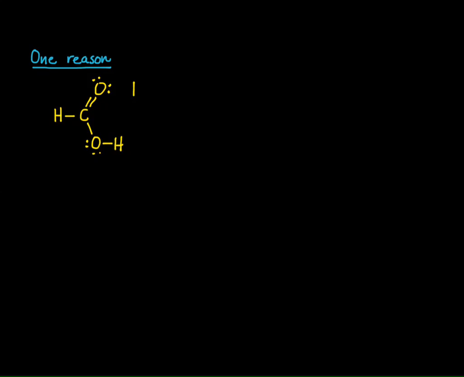And if I draw another formic acid molecule, but I simply flip it around and orient the OH next to the carbonyl, and then of course the carbonyl on the structure on the right next to the OH on the structure on the left, you can visualize that I can get hydrogen bonding occurring.